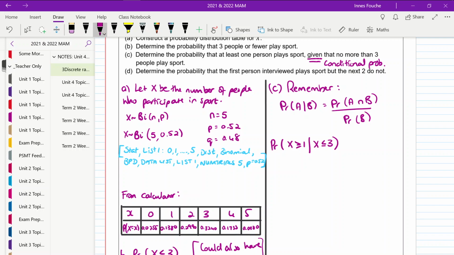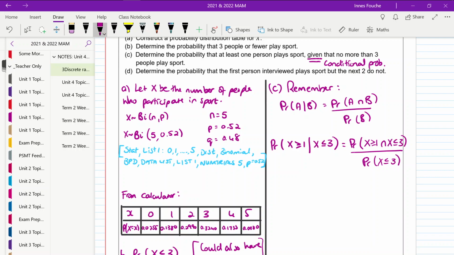So that actually reduces my sample space, and that means I'm actually only interested in the probability of 1 or 2 or 3. Okay, and that means I'm looking for the probability of X being greater than or equal to 1 and X being less than or equal to 3 over my probability of X being less than or equal to 3.